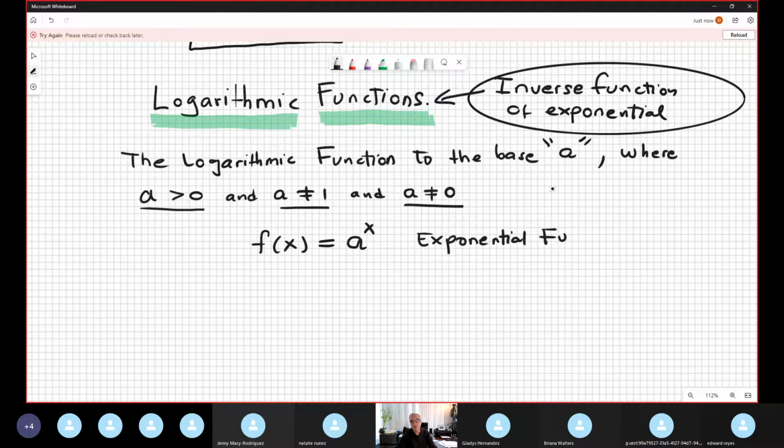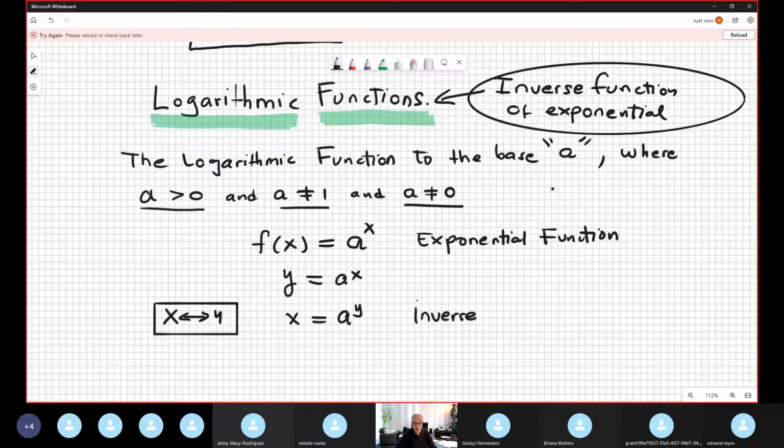Now, what is the logarithmic function, professor? It's the inverse. Remember, you replace f of x with y, and you interchange x and y. So x equals a to the y, something like that. And this is the inverse.